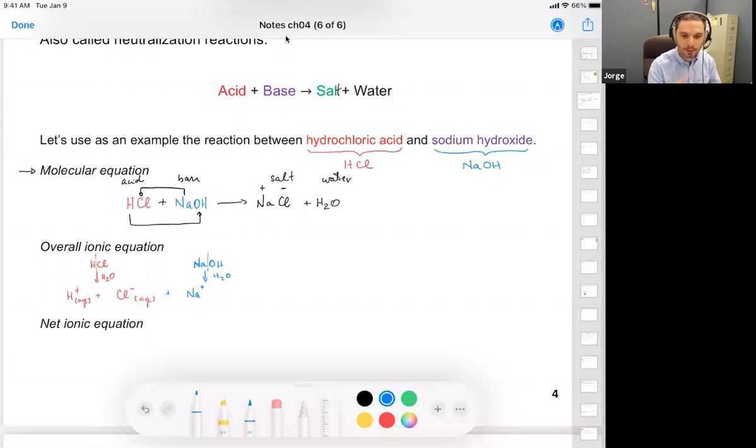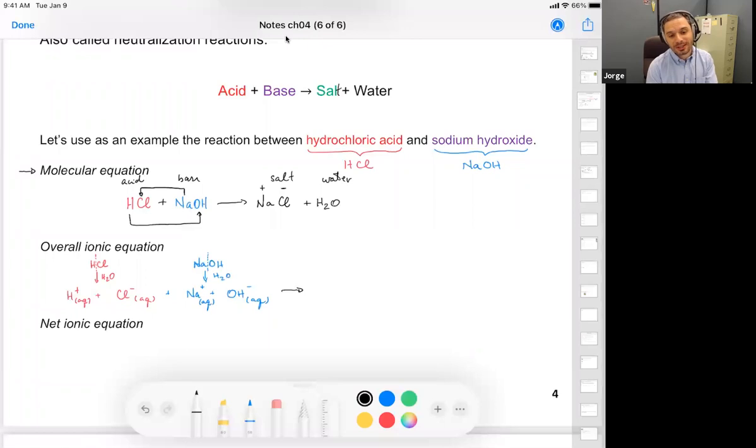Remember that this is 1 plus because sodium belongs to the group 1, and OH minus. And the same thing here. Now the ions are dissolved in water. Therefore, we need to add AQ in between parentheses to represent that. Okay, so now what I have is all the reagents in the ionic form.